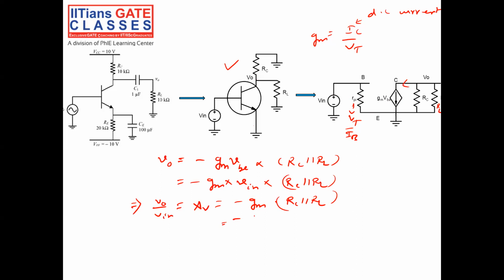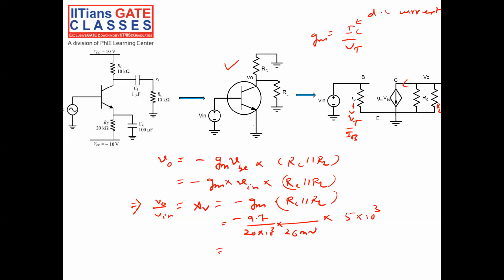gm is IC divided by Vt, so 9.7 divided by 20 into 10 power of 3, with Vt being 26 millivolt, which is given already, into RC parallel to RL. RC is 10K, RL is 10K. So 10K parallel 10K is 5K, into 10 power of 3.